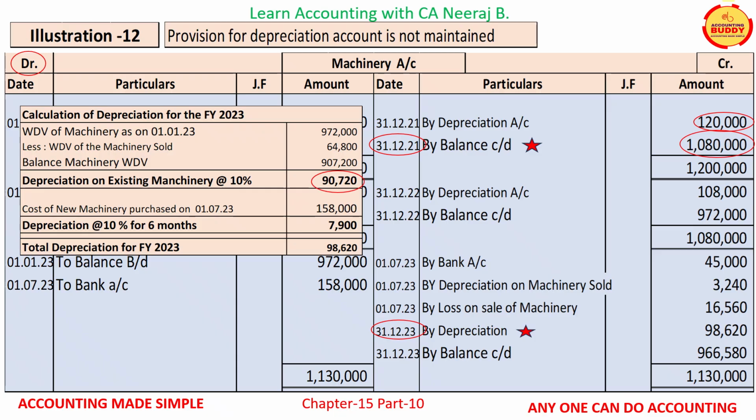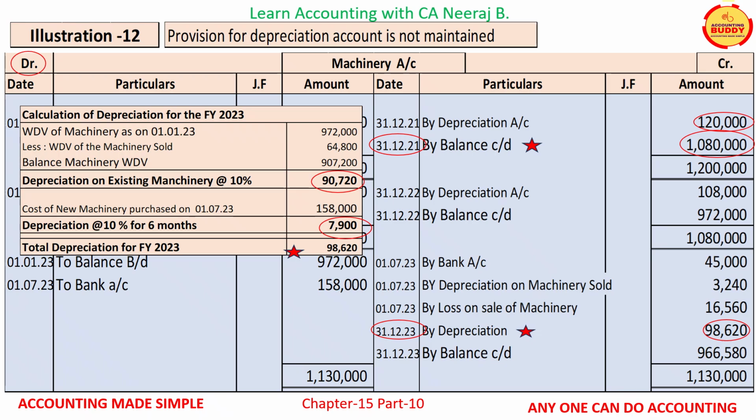Depreciation on the new machinery for $158,000 purchased on 1st July 2023: the proportionate amount of depreciation for 6 months at the rate of 10% will be provided, which amounts to $7,900. Therefore, the total of $98,620 depreciation is posted on the credit side of the machinery account.